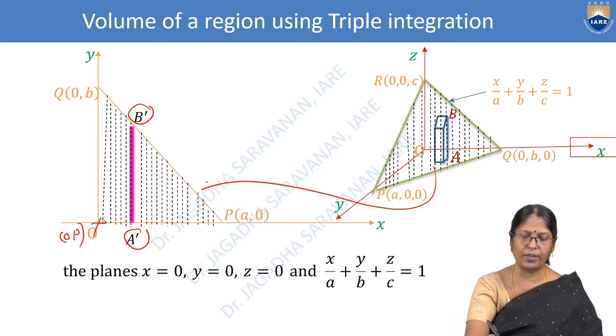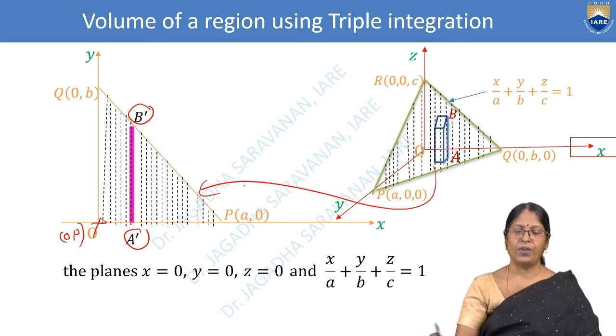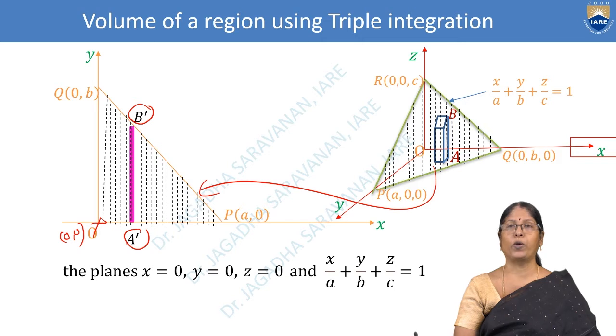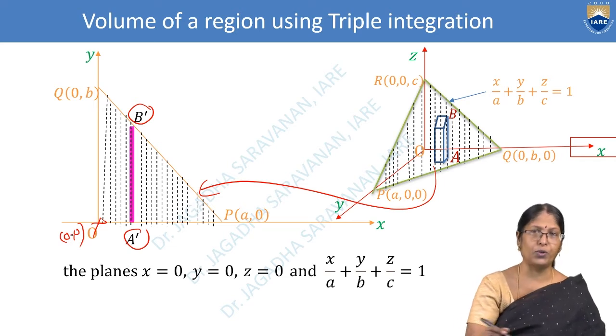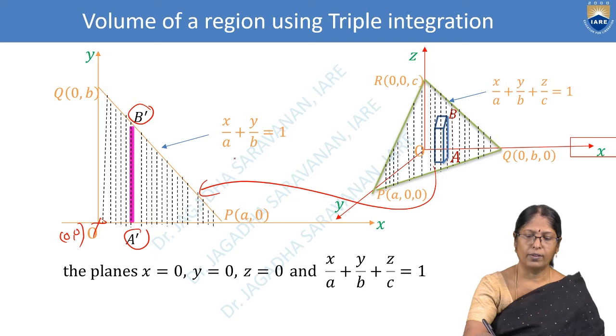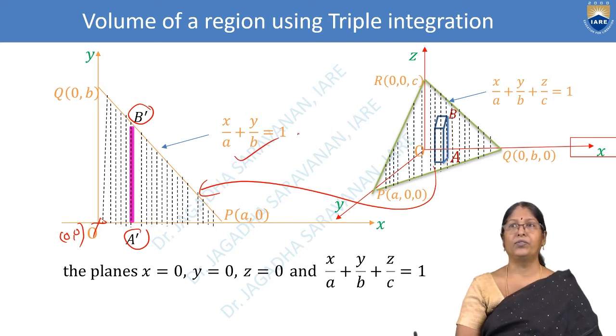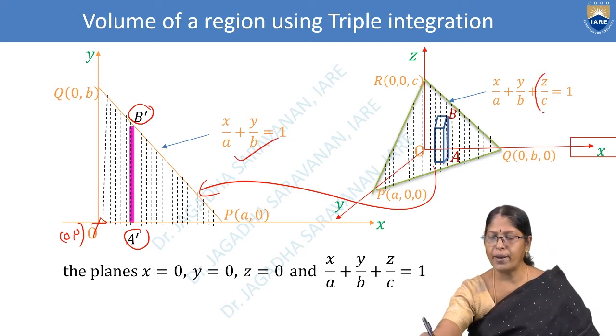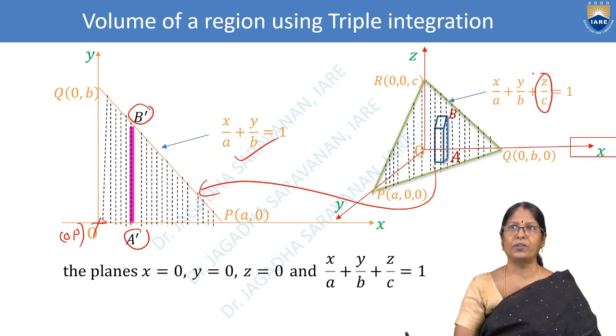Separately from this figure, we have drawn the XY plane alone. So the limits of Y we want, from 0 to, as Z is 0, this completely vanishes.